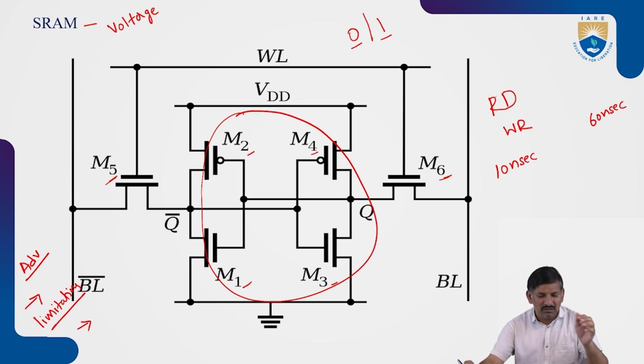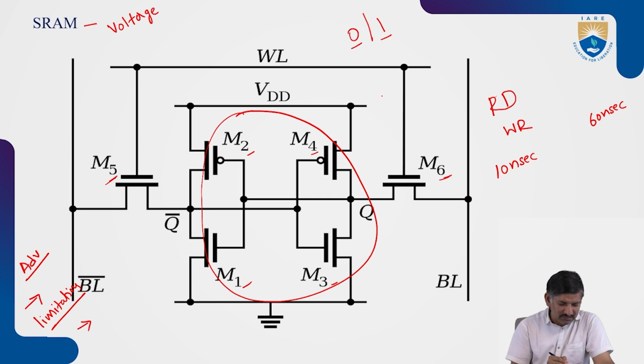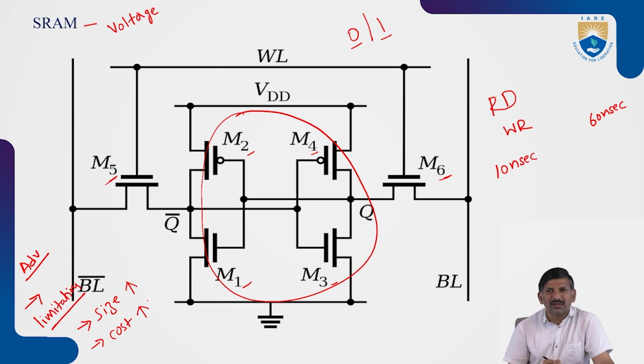Since it requires 6 MOSFETs, size is more and cost is more, because of the extra MOSFETs required. Power consumption is also more, as 6 MOSFETs consume more power compared with 1 MOSFET.